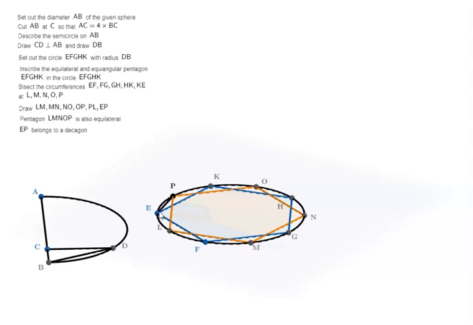Because if we join E, L, F, M, G, N, H, O, K, P, E, then we would end up with a decagon, and EP is one of its sides. Now, construct EQ, FR, GS, HT, KU perpendicular to the plane of the circle EFGHK, such that its heights are equal to the radius of the circle.